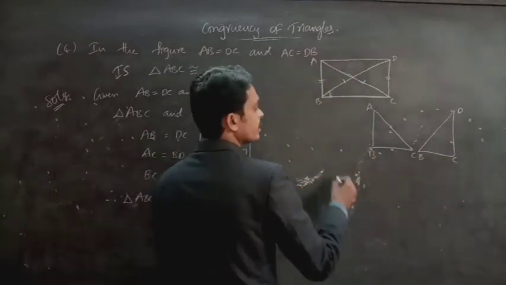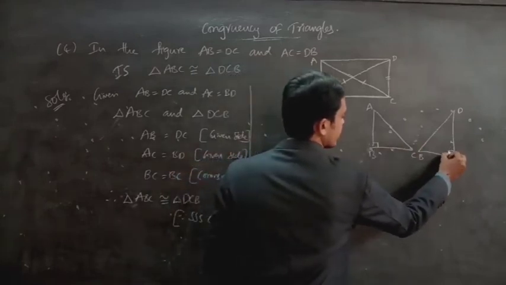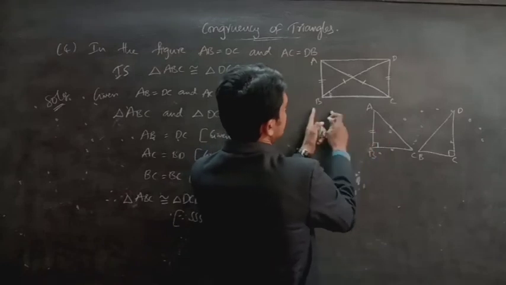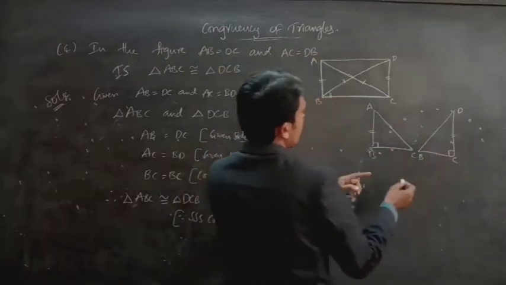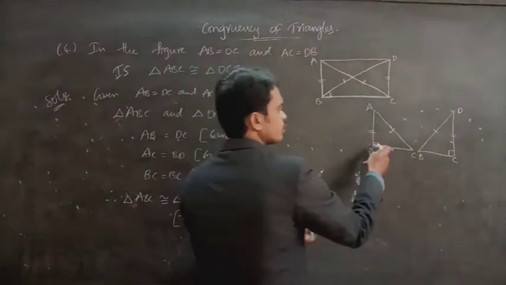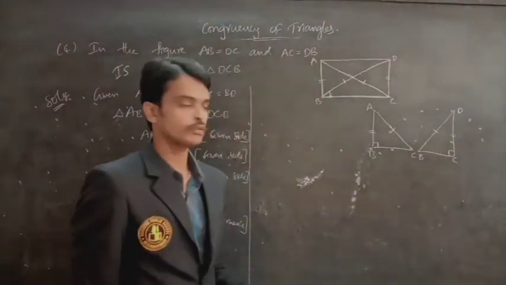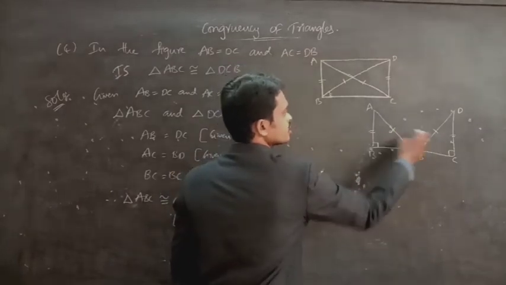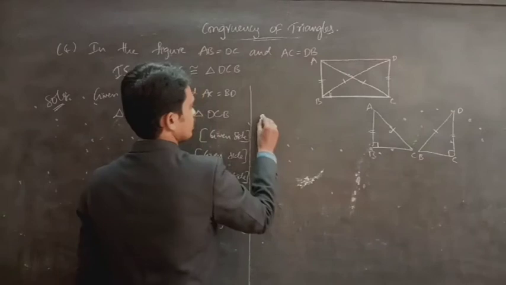Yes, right angle triangles. Both are right angle triangles. AB is given equal to DC, the hypotenuses are also given equal, and we know that the right angle is also equal. By using RHS, we can prove these two triangles are congruent.